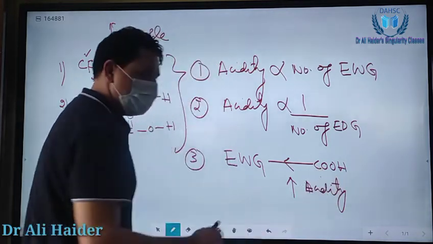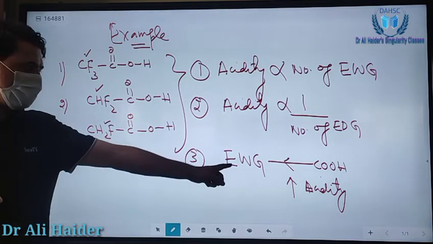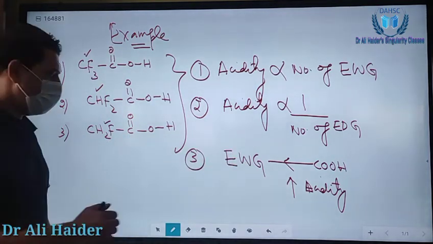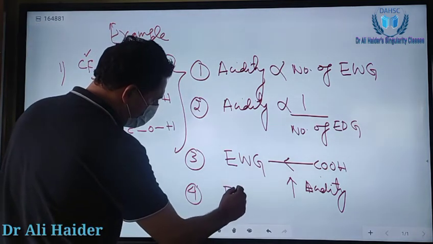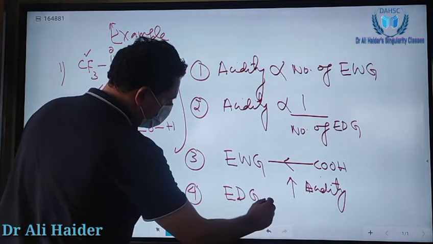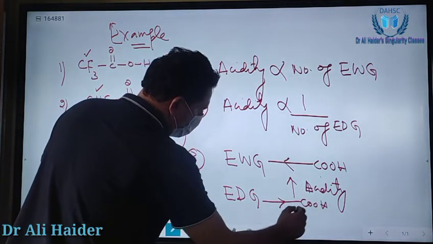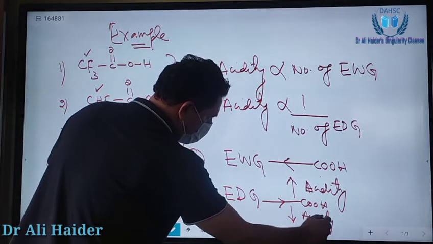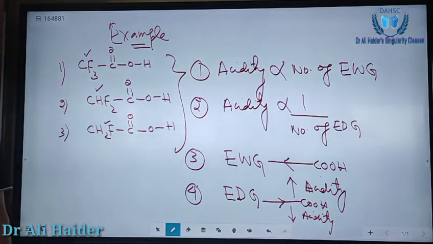I will tell you later on why. So general rule is that if electron withdrawing group is attached to COOH group, it will increase its acidity. And you have to also remember, if electron donating group is attached to COOH group, it will decrease its acidity. So this is the general rule here to remember. You got it? Yes, sir.